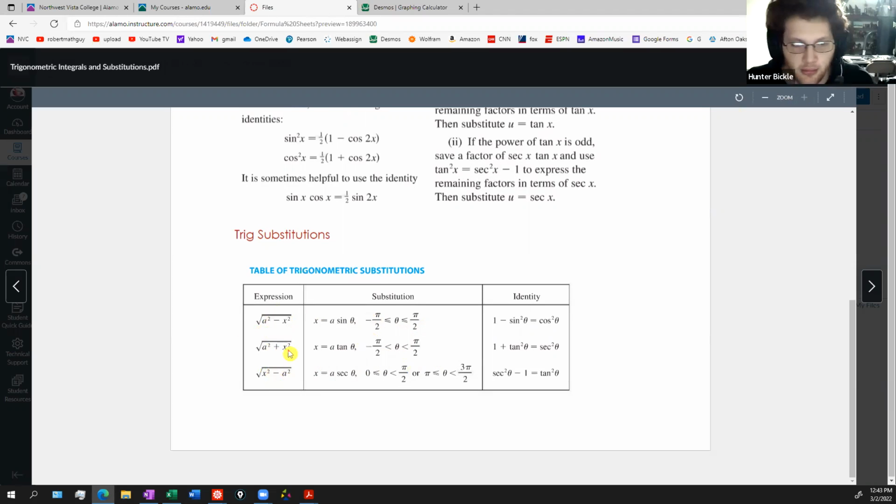That's harder. The way I think about it is this. If I'm going to make a trig sub of sine, just think that it's sine. In here, I'm going to get something that looks like 1 minus sine squared, and 1 minus sine squared is cosine squared. So this is all going to turn into a cosine theta. And then here I have tangent. If I plug in tangent here, I'm going to get 1 plus tangent squared, but 1 plus tangent squared is secant squared.